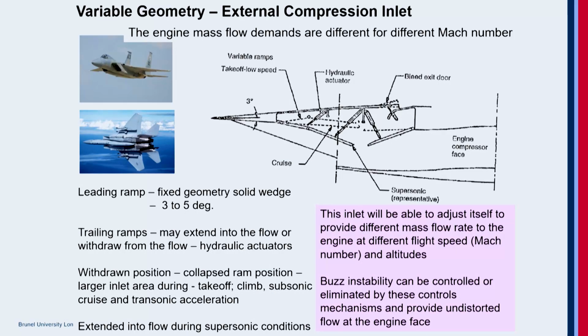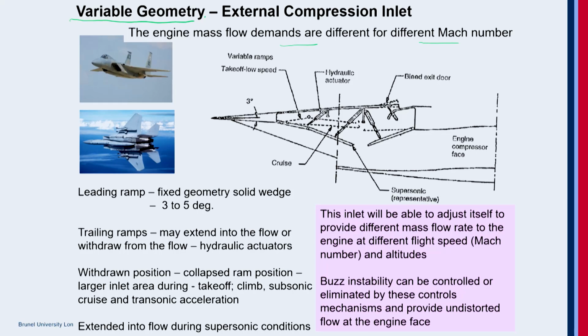Now, what we have done so far is the fixed geometry external compression ramp. The development is to have an external compression ramp with ramps which could be withdrawn or projected. These are variable geometry ones. The mass flow demands are different for different Mach numbers.